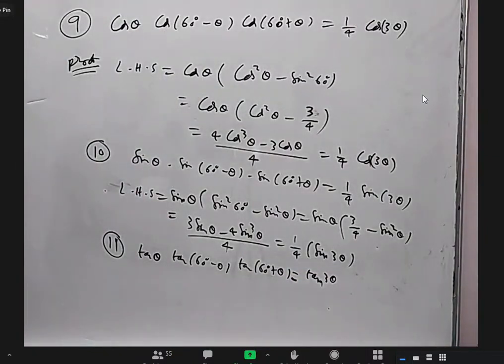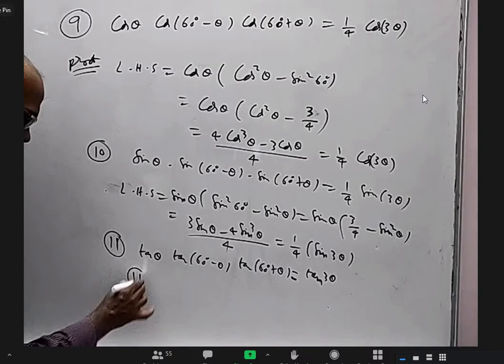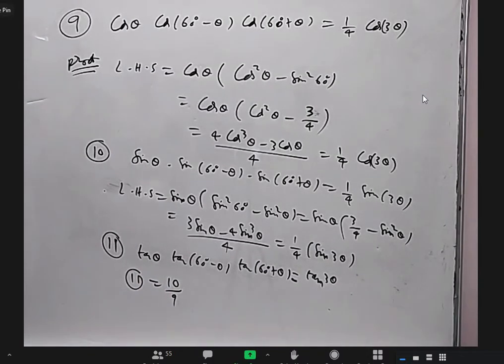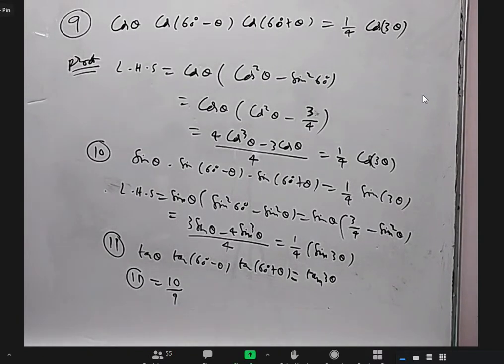I can expand this and prove it, or divide the previous two results. So I can write the 11th result is equal to the 10th by the 9th. That is the explanation. One should not think mathematically how 11 equals 10 by 9. I mean the 11th result comes from the 10th result divided by the 9th result.